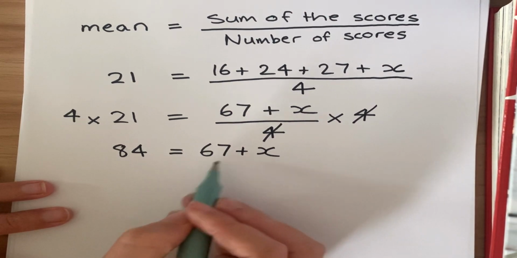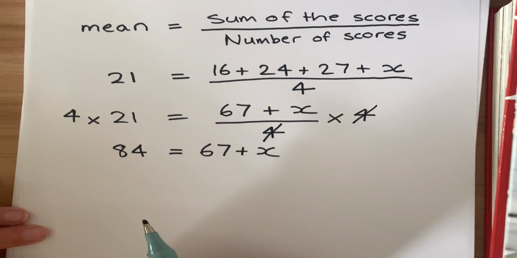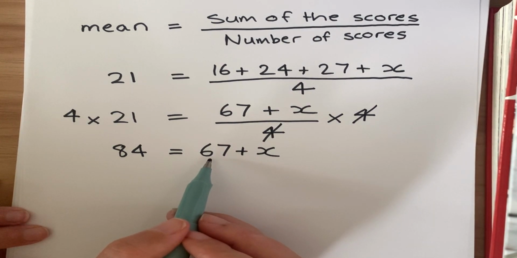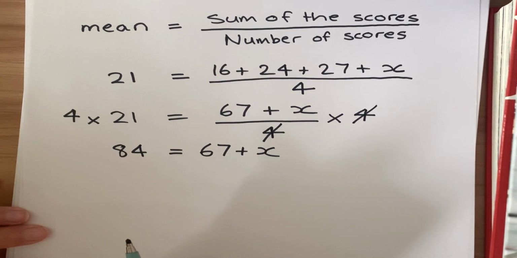So we're nearly there. We're slowly getting to x. But we still need to get rid of this 67, all right? We want x by itself. So this is like 67 plus x, or x plus 67. So we need to use the inverse operation to addition. Now, what's the inverse operation of addition? Subtraction.